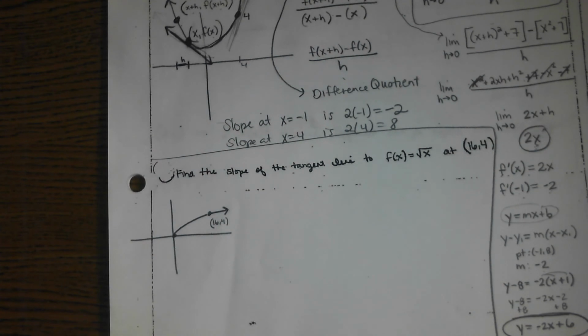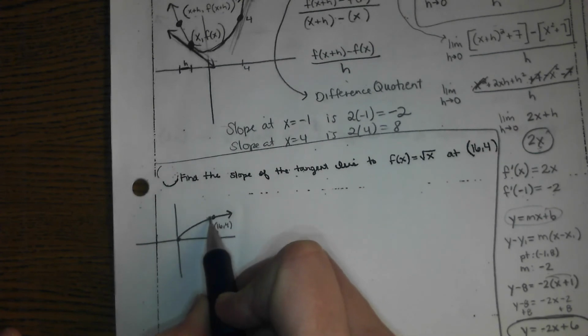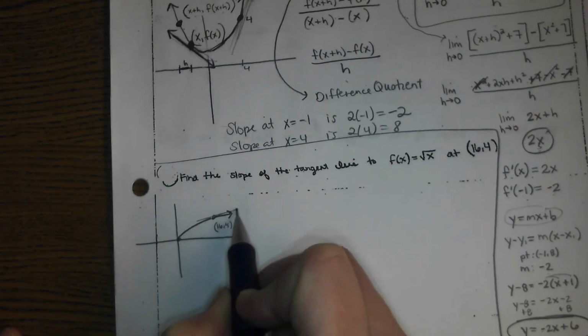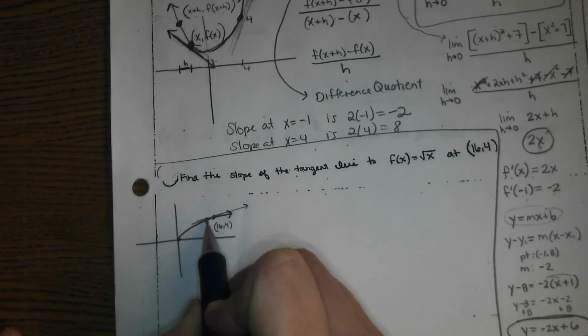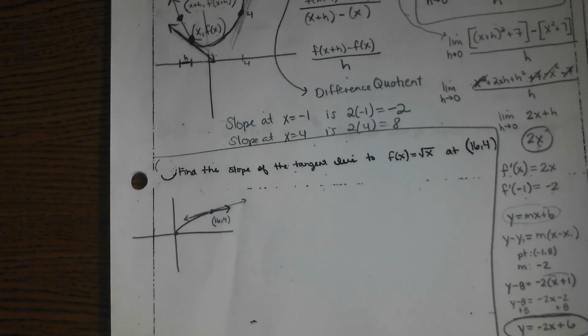Do you expect your slope to be positive or negative there? You should expect it to be positive because it is increasing. If I were sketching a tangent line, it would look something like that. So it is a positive slope, not very positive though.